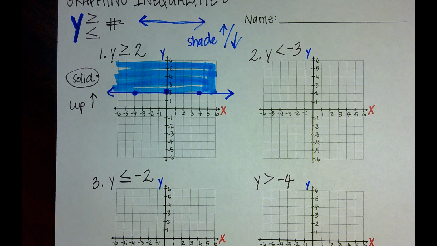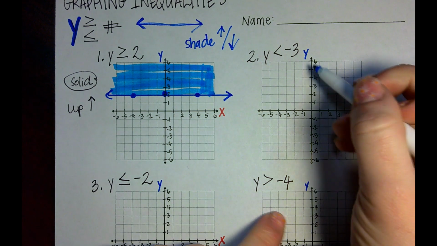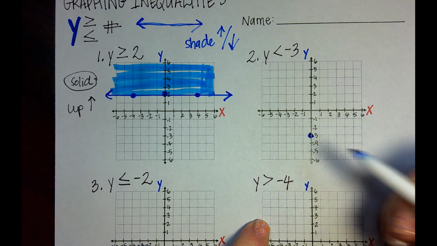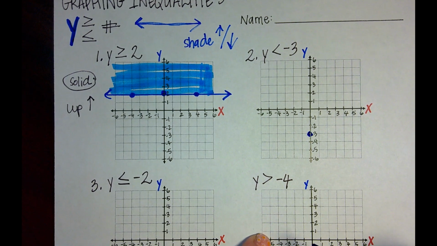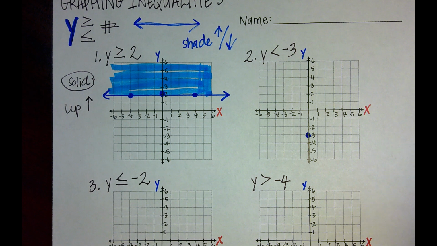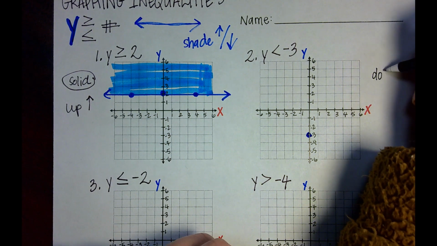Now, how about number 2? On the y-axis, what did you say? You said 3 or negative 3? Negative 3. Perfect. On the y-axis, so I'm going to go down to negative 3. And a dotted line. I'm going to have a dotted line. Good.